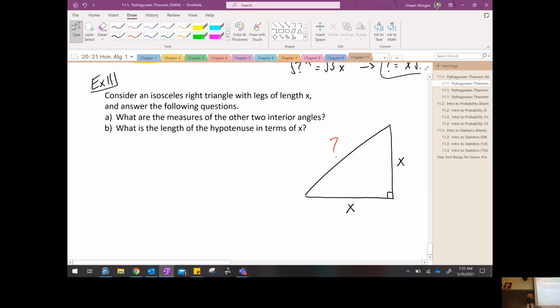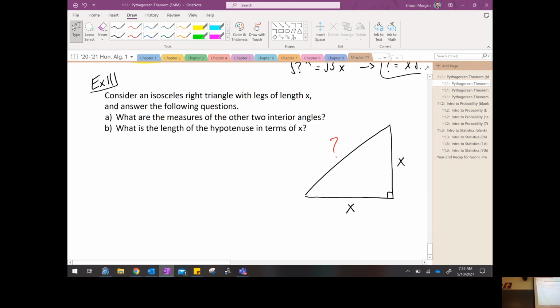Okay. Well, what do you know, therefore, about the other two angles? Why are they the same? Because the two sides are the same. So you quickly identify the hypotenuse as the biggest side, right? Well, what's the next biggest side? And you look at it and you think, wait a minute, there's not a next biggest side. Those two are the same length. So there's not a next biggest angle then. 90 degrees is the biggest angle.